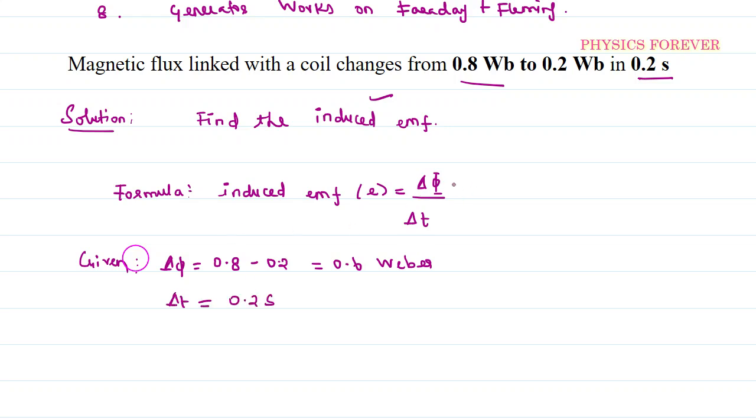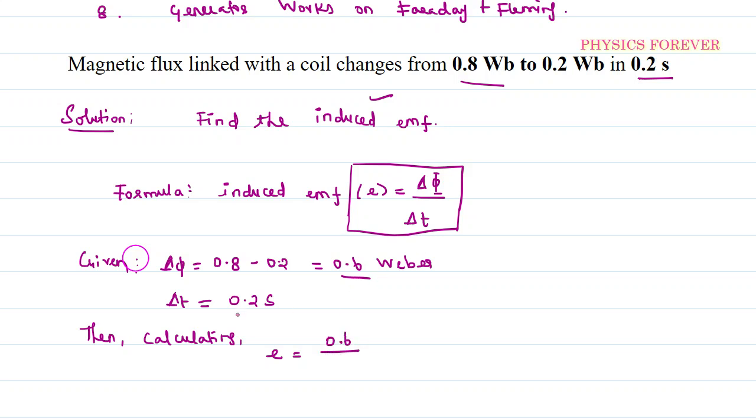We know the formula, so we just have to substitute and calculate: del phi is 0.6, time is 0.2.